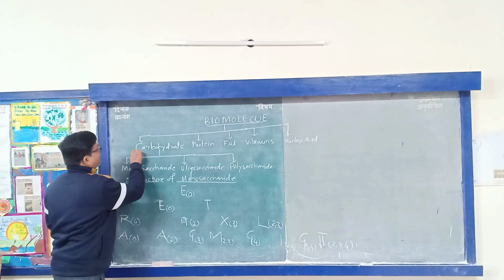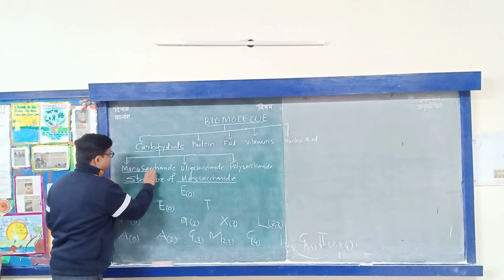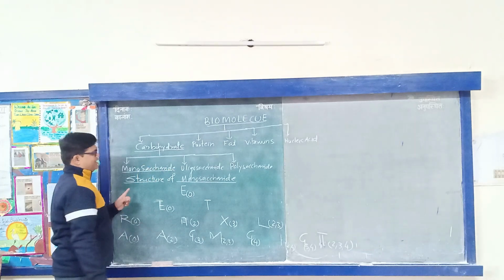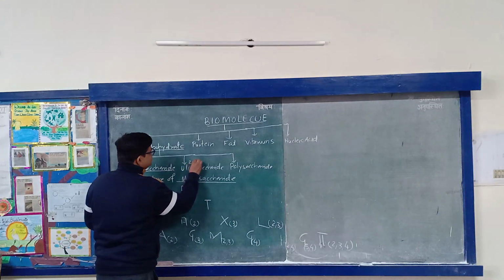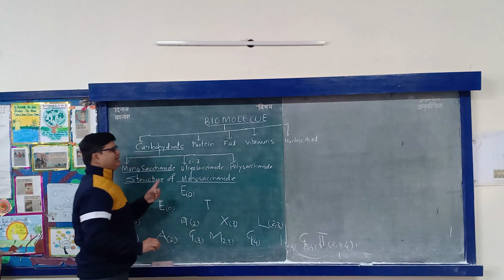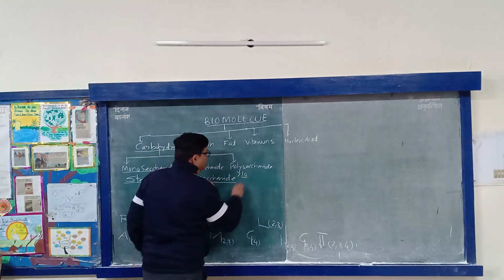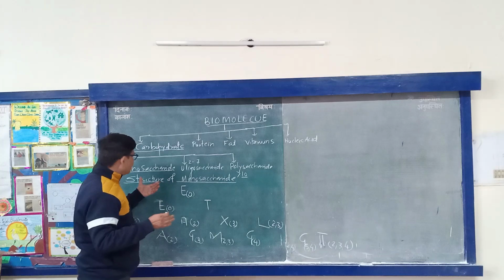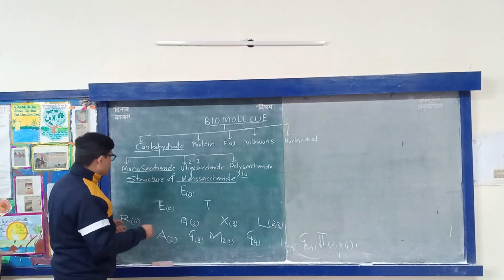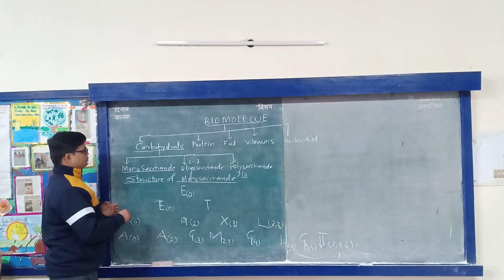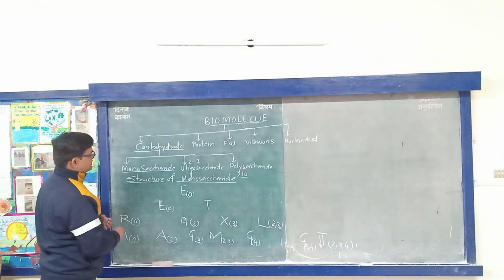If you divide carbohydrates into 3 units, monosaccharides are the monomeric units, oligosaccharides are a few units of monosaccharide, 2 to 6 or 7, and polysaccharides are more than 10 units of monomeric carbohydrate, which may be glucose or any other monosaccharide. So now I am going to discuss how to draw the chemical structure of monosaccharides.